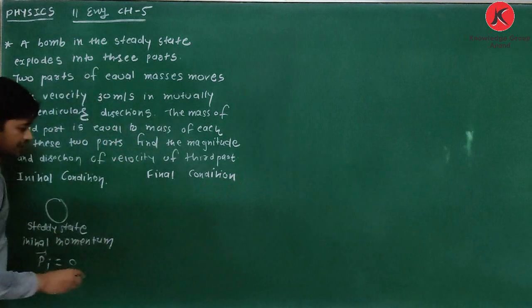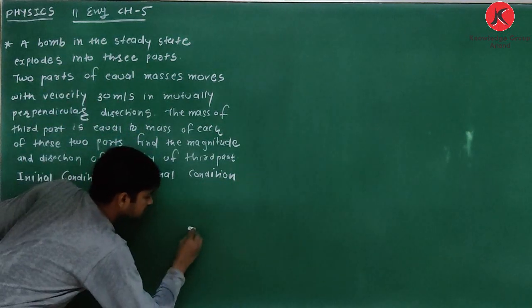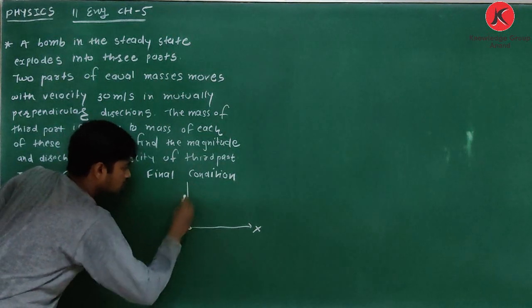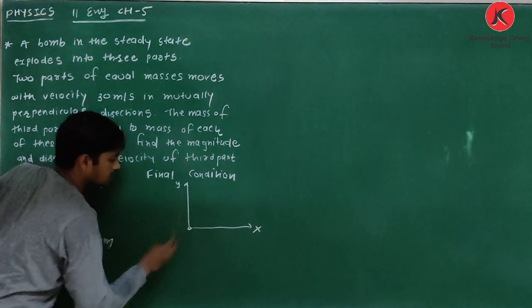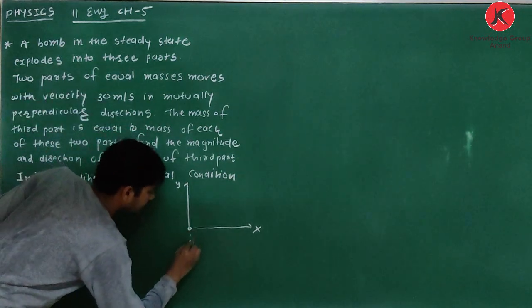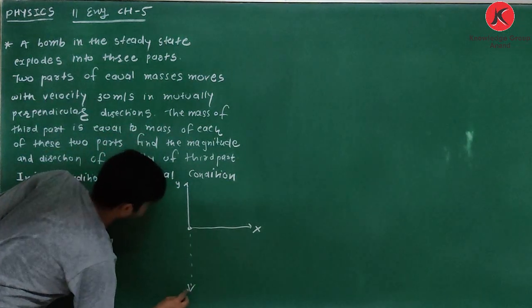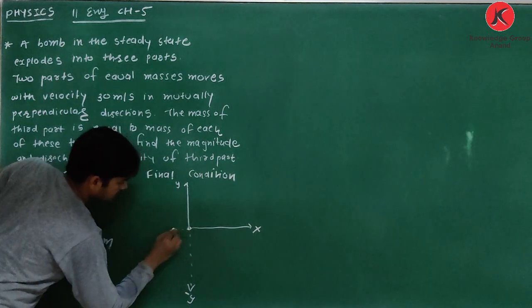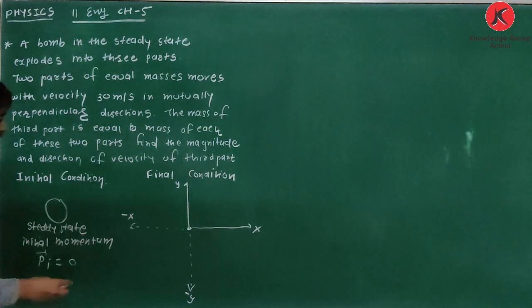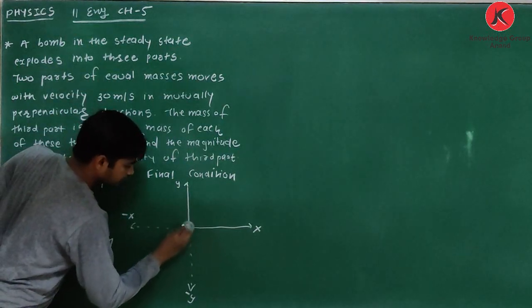Let this be the origin, x direction, y direction. Clear about this? This is the minus y axis, this is the minus x axis. Initially, let this bomb be here at origin.